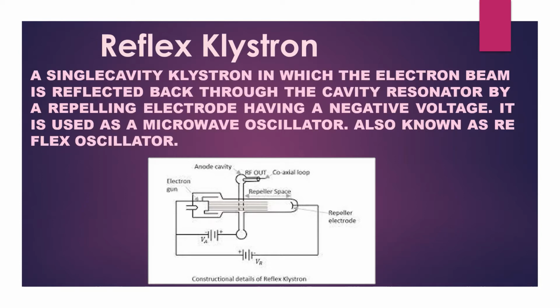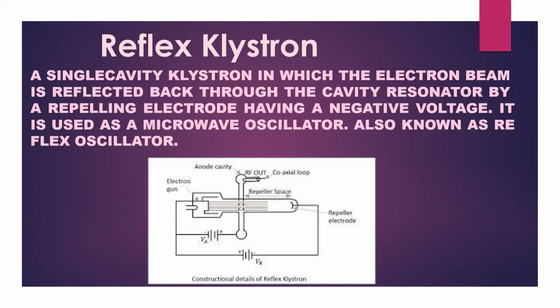Similarly, the electron gun assembly also has a connection to the anode voltage, where we have connected it to the negative terminal of the anode voltage. The two cavities shown in the figure are called anode cavities, out of which one will be used to take the radio frequency output.